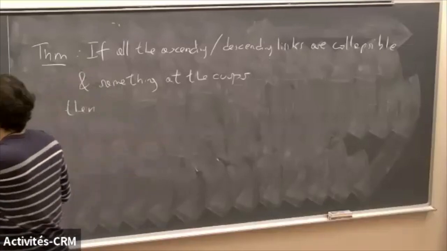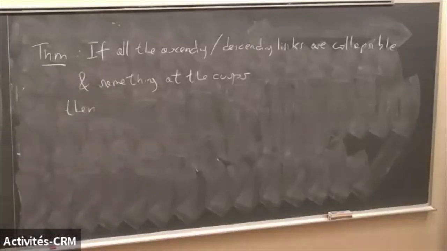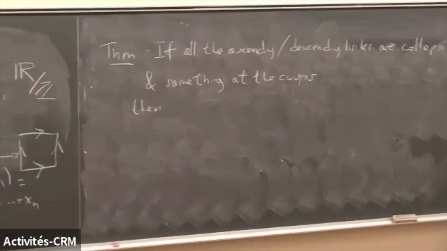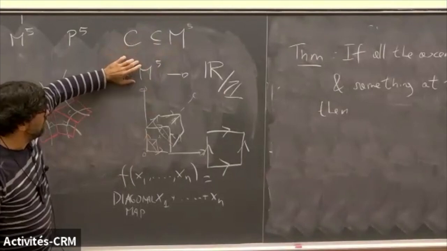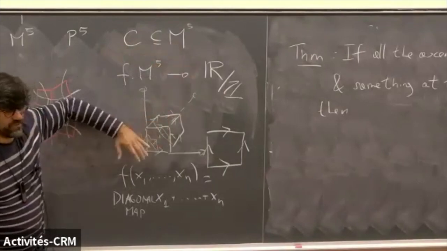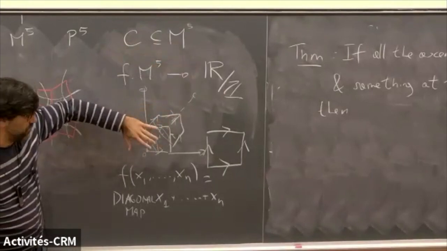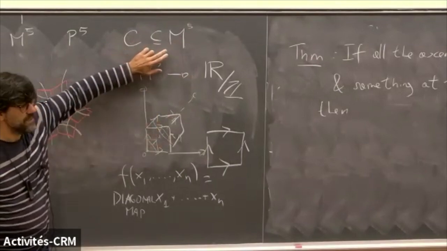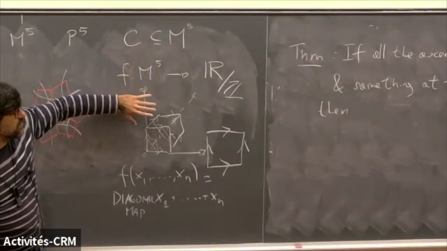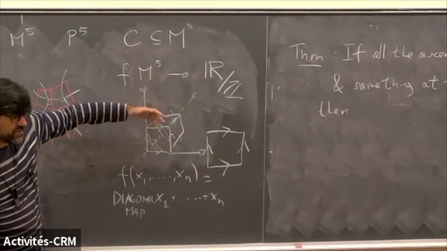Because F is actually not defined yet. F is defined on the cube complex, which is only a subset of M, so it's not really a map from M. Moreover, it's not smooth. So there are some problems: the map is PL, is not smooth, and it's not defined everywhere. But smoothness can be achieved.